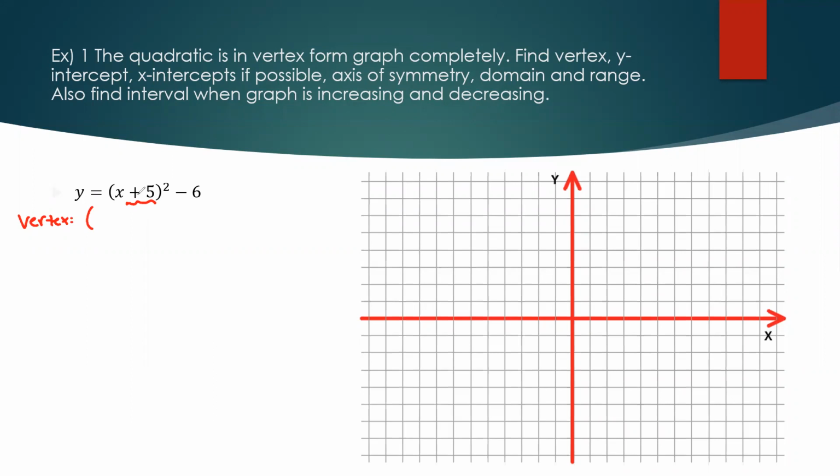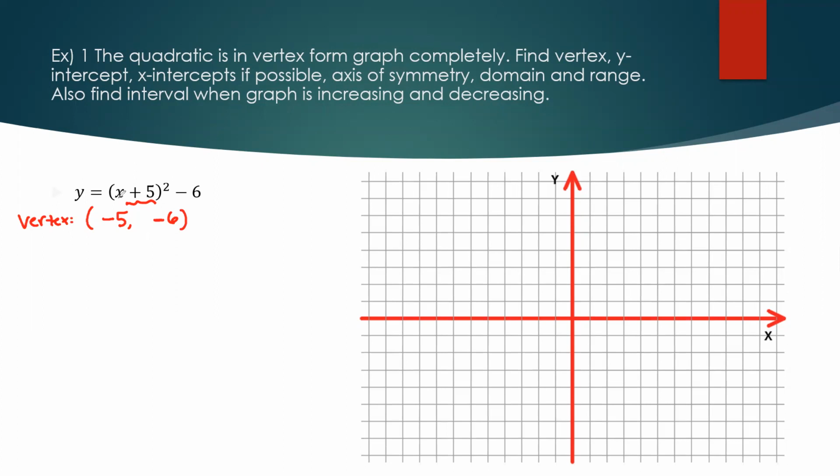What that means is shifting it 5 units to the left, not right, because remember, horizontal shift is always the opposite. So this is -5. And the y coordinate of your vertex is your vertical shift, which is -6. You do not change the sign with the vertical shift, so that's why it's -6.